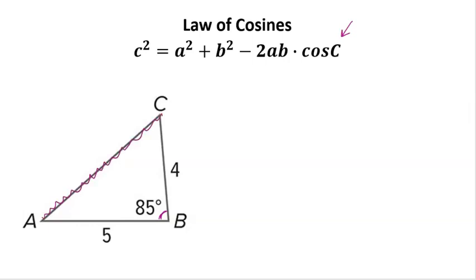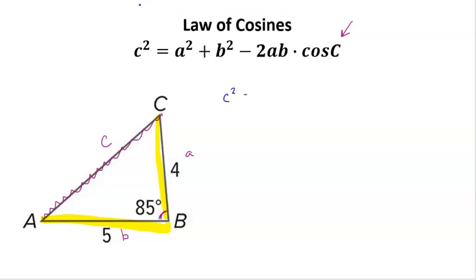C is going to be across from here, and then these two become A and B. So it can be a little bit tricky just because with the law of sines, we were doing a lot of angle A is across from side A, angle B is across from side B. But with this, you have to be a little bit more intentional about what you're putting with what. So it kind of can be a little confusing.